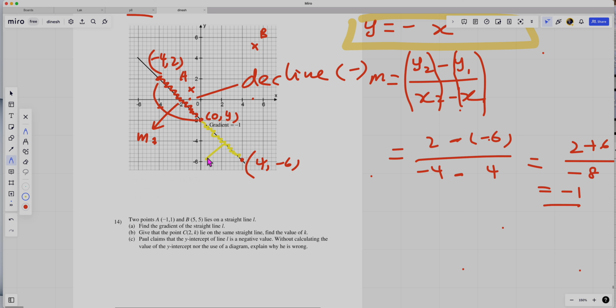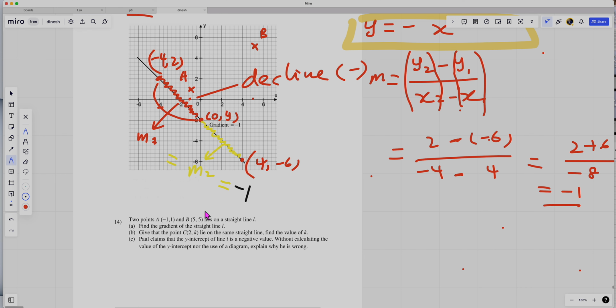And this line will give you gradient 2. Yeah. And what's the relationship between these two gradients? They are the same, right? Yes, they are the same. So that's it. And what's the gradient of this line? It is -1. Yes.